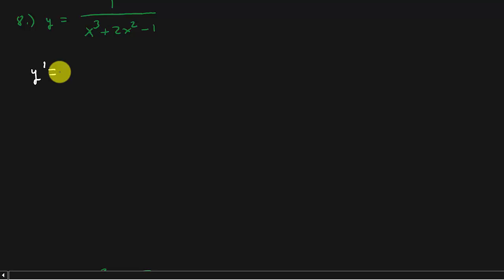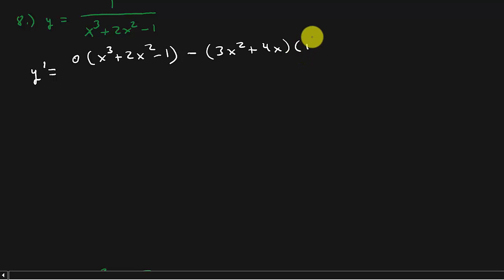So I've got y prime is equal to, so I've got quotient rule. So the derivative of the numerator times the denominator minus the derivative of the denominator, which is 3x squared plus 4x, times 1 times the numerator.